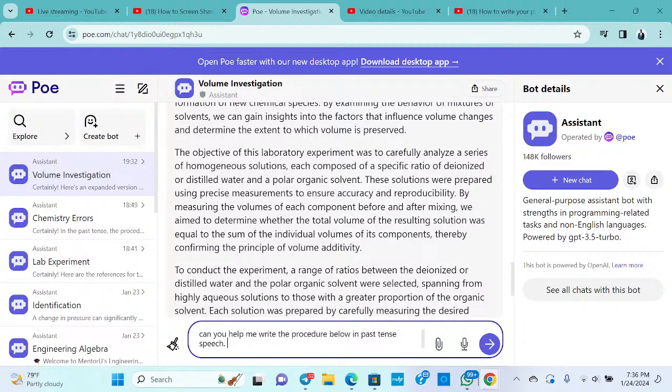When you write something like that, you then type the whole procedure that you have here. So for physical, you type: weigh an empty dry 10 ml volumetric flask and stopper.